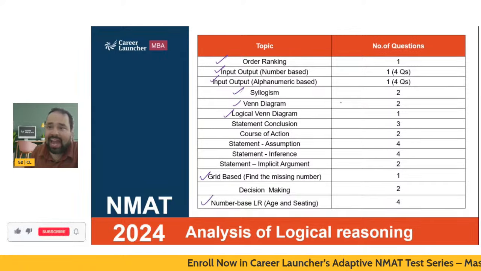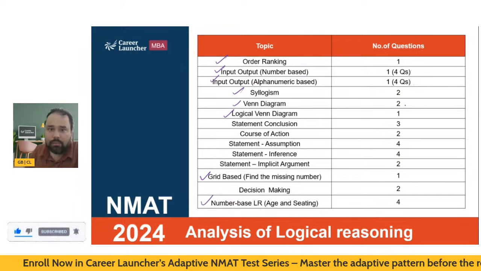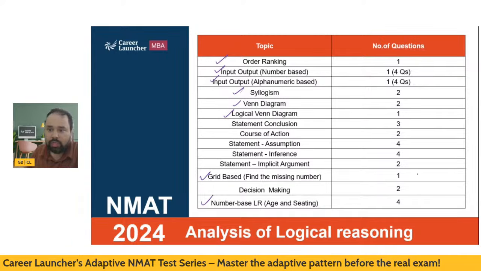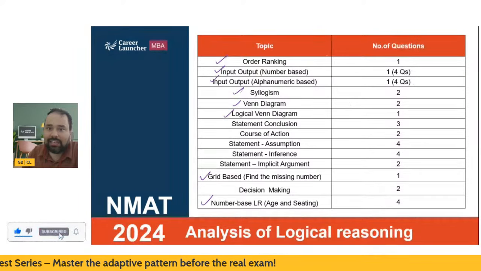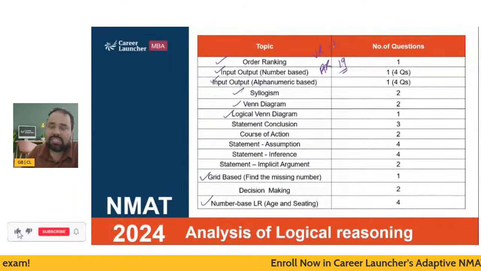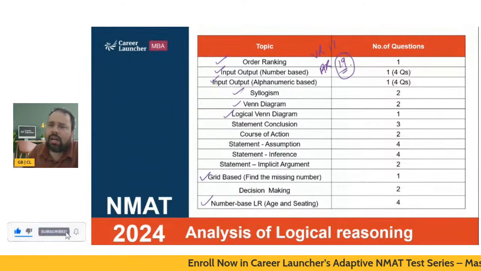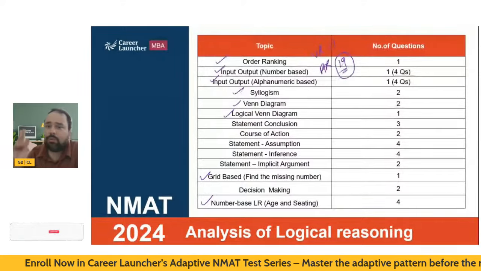Okay, now you can add them. 4, 4, 8 plus 1, 9, 9 plus 2, 11 plus 2, 13 plus 1, 14 plus 1, 15 plus 4, 19. So like I stated, AR का 19 था, and अगर मैं बोलूं verbal reasoning का कितना था, 36 minus 19, which is 17, which is why I was stating generally around 55-60% ही होता है जो AR आता है, and that is exactly what it came last year.